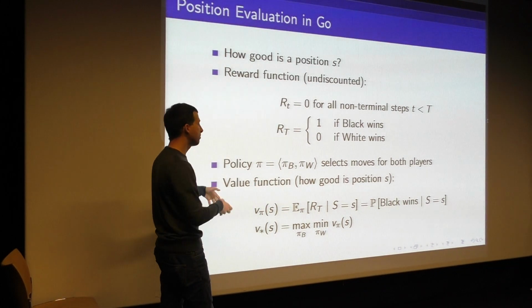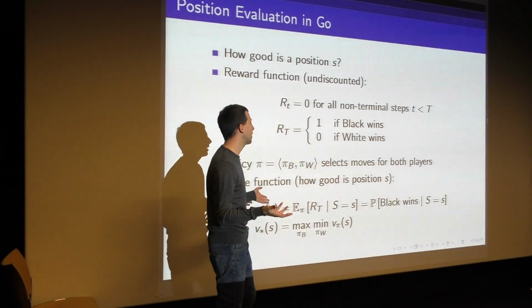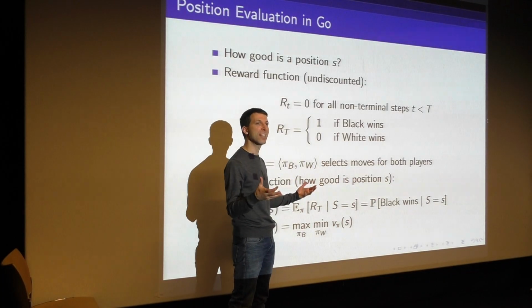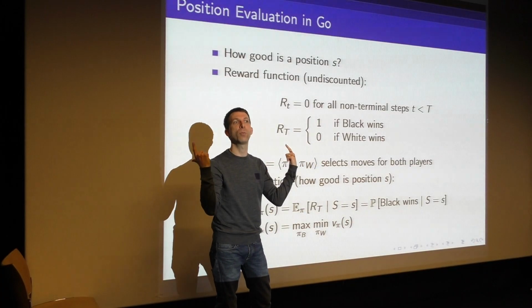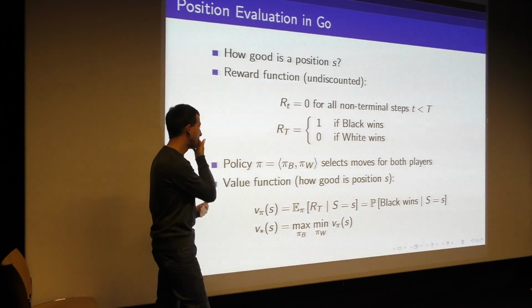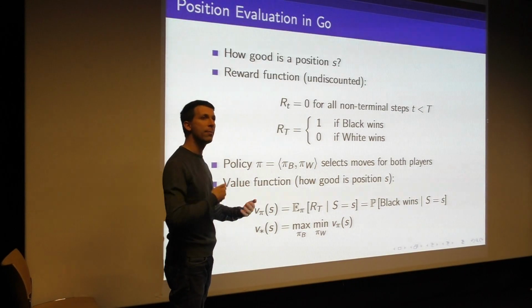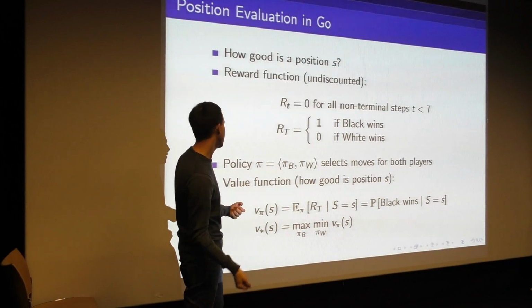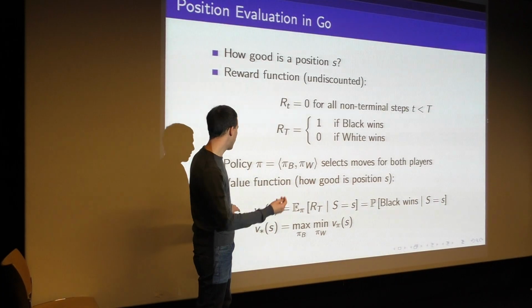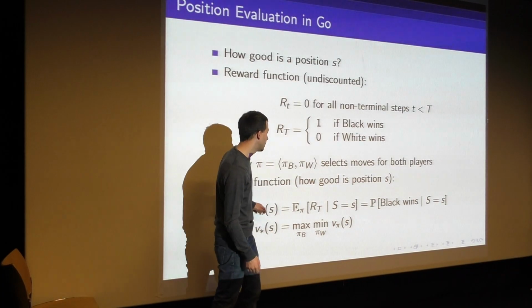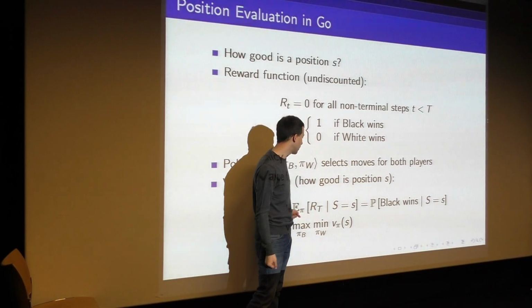We're basically going to now try and learn a value function, which essentially tells us how good is some position S. Like if I show you this board configuration, is it good? Is black going to win or is white going to win? I want to know if this thing's good. And we define it in the usual way, but because it's a two-player game, there's just a little twist. So now when we do our rollouts, when we do our Monte Carlo evaluation, we're trying to learn the expected value, like will I win on average from this position?